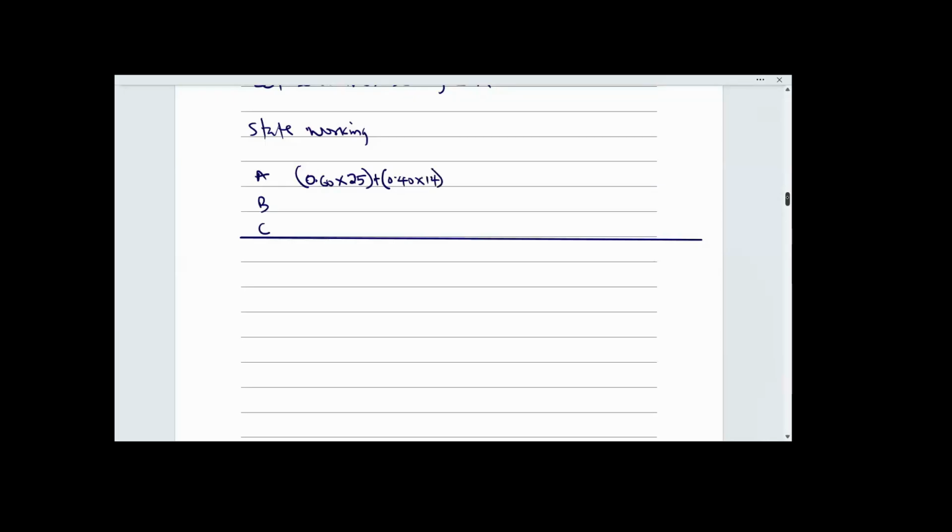Then for state B, 0.60 multiplied by what's the return of state B for X? 22. 22, plus 40% multiplied by 18. Then 0.60 multiplied by 12. 12, okay, plus 40% multiplied by 20.